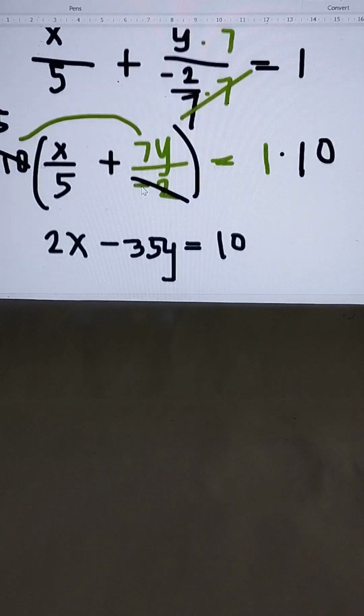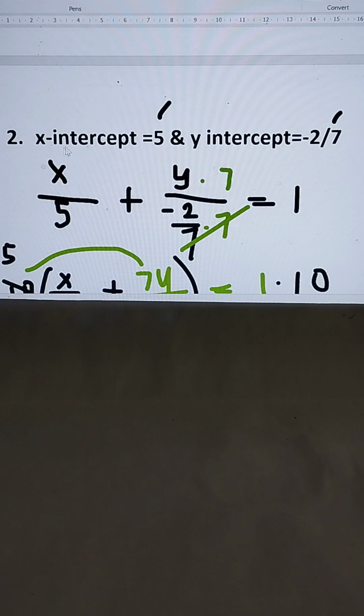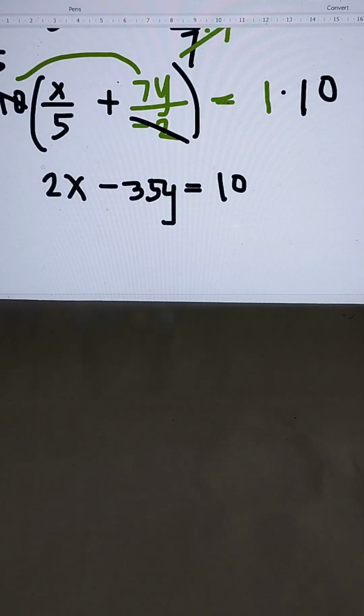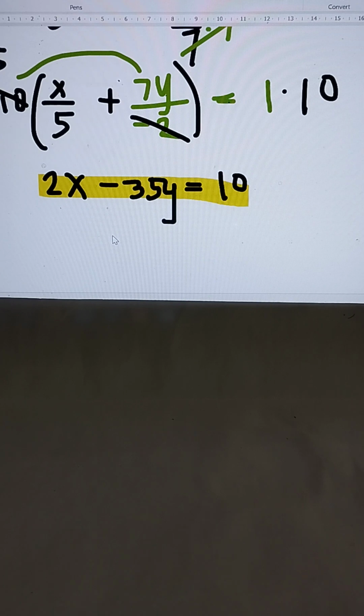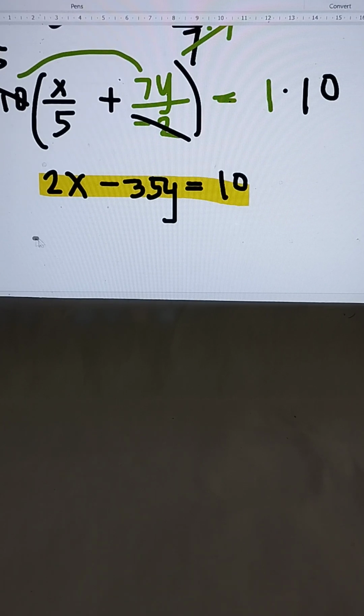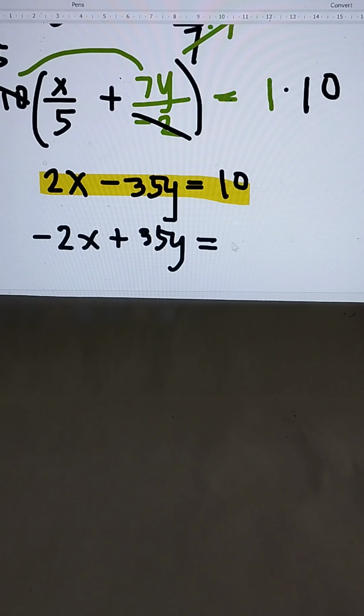Therefore, the linear equation with x-intercept 5 and y-intercept negative 2 over 7 is simply 2x minus 35y equal to 10. You can change the sign of each term to get the equivalent equation, which is negative 2x plus 35y equal to negative 10.